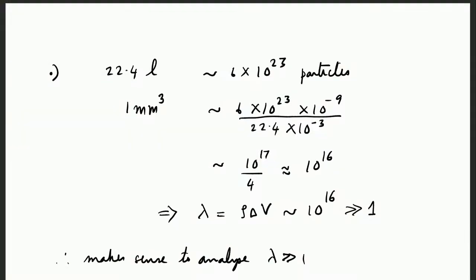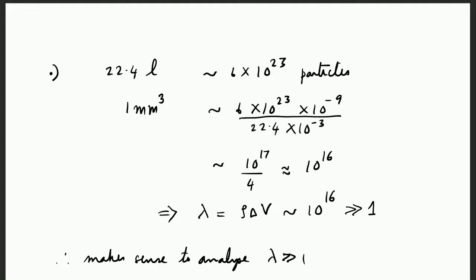So let us do a rough calculation for that. Again we go back to your ideal gas. 22.4 liters at room temperature and pressure is occupied by 1 Avogadro number, 6 into 10 to the power 23.